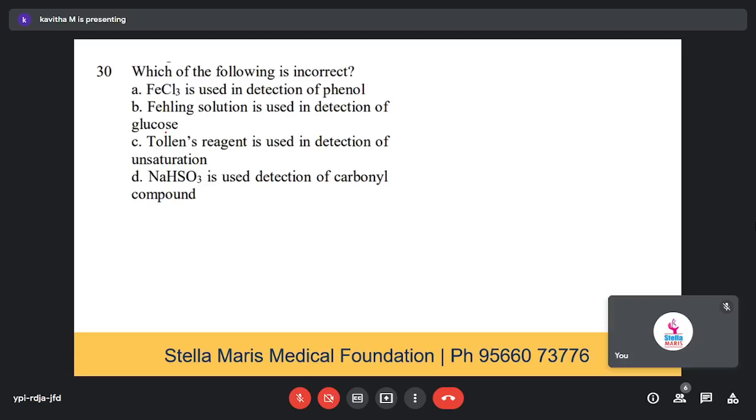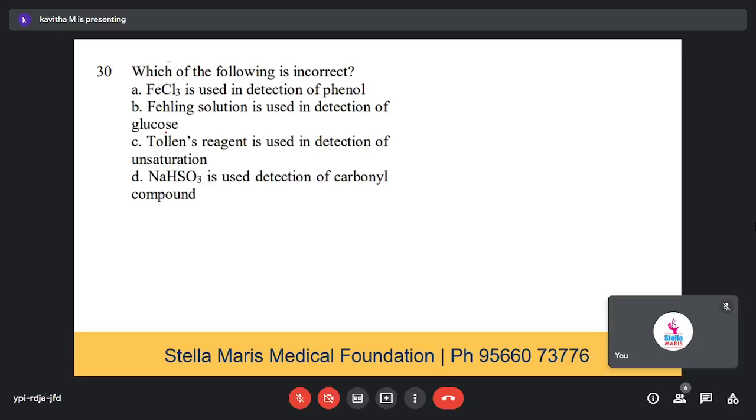And this is one of the very important tests to differentiate aldehydes and ketones. This is the test which is answered only by the aldehydes, not by the ketones. And we have one more test, the sodium nitroprusside test, to differentiate aldehydes and ketones. This is a very easy test.